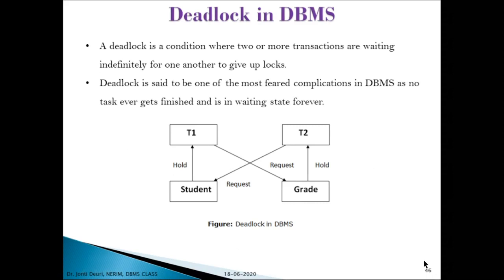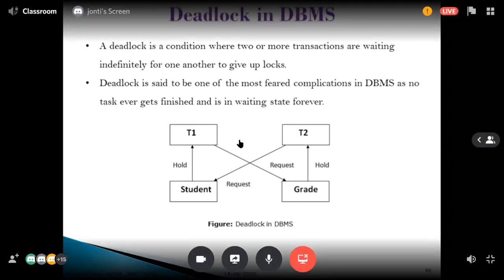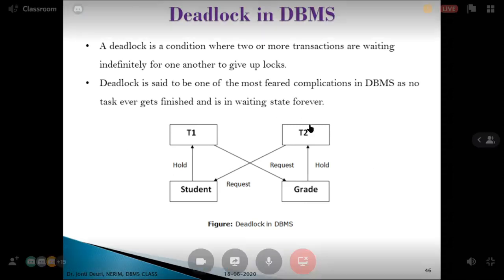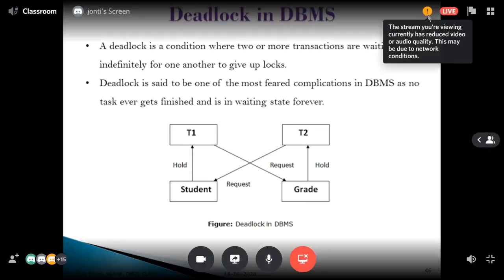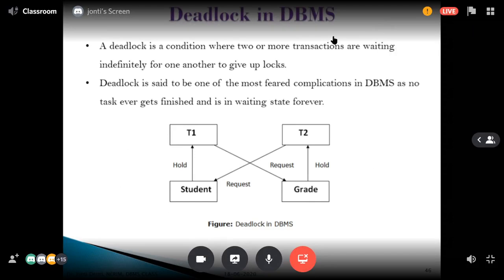Here is one example: T1 transaction and T2 transaction. T1 holds student and T2 holds grade, and to complete the T2 transaction we need student. So you can see here, this is now like a loop, right?